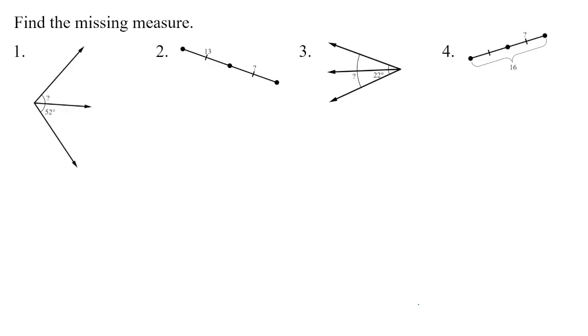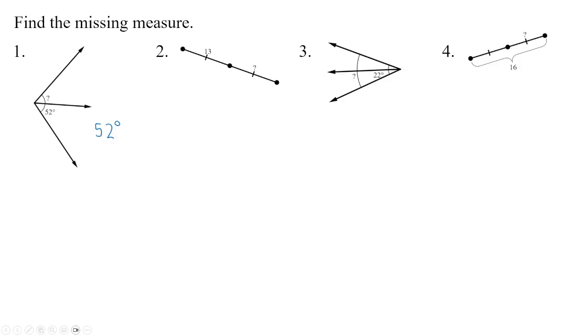Let's say you are asked to find the missing measures. If you look at number 1, you see the arcs. That indicates that the ray bisects the angle, meaning the 2 angles are congruent. Therefore, if one of them is 52 degrees, that means the other is 52 degrees.